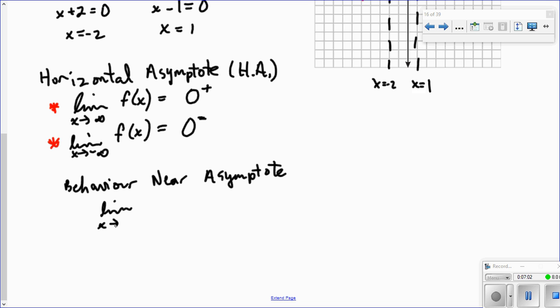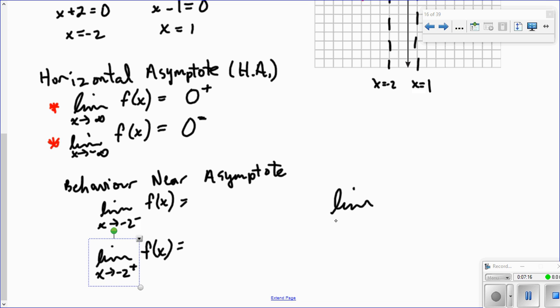So the first one is as x approaches negative 2 from the left, and as x approaches negative 2 from the right. And then I've also got to find the limit as x approaches 1 from the left, and the limit as x approaches 1 from the right.